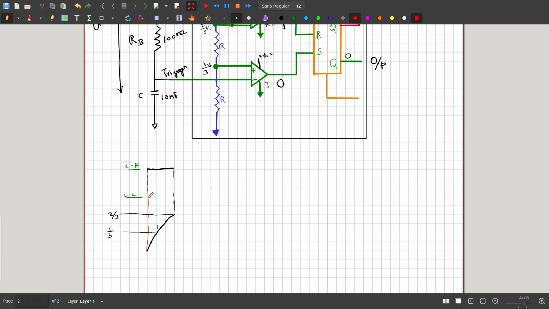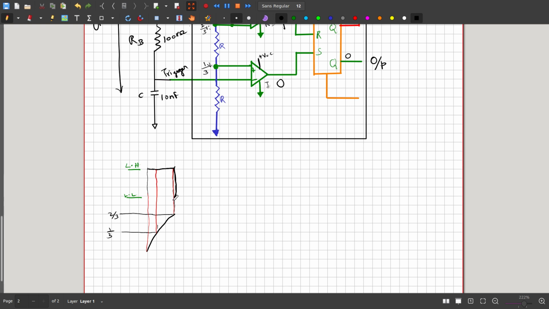So this is the point, and here also it will be high. When it reaches the two-third level, the output starts to drop to logic low, because Q becomes 0. This is the output waveform.